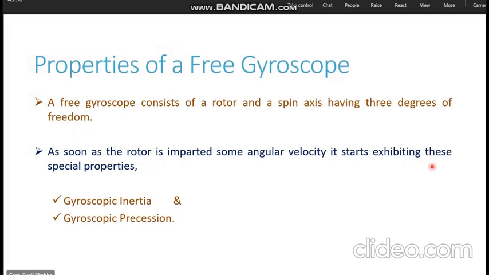It starts exhibiting two special properties. These are gyroscopic inertia and gyroscopic precession. We are now going to understand these two properties one by one in detail. Starting with the first property of the free gyroscope, that is gyroscopic inertia.